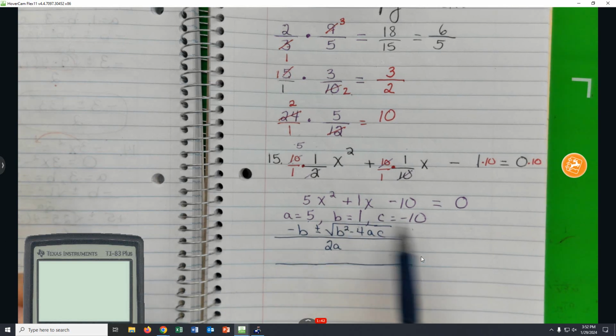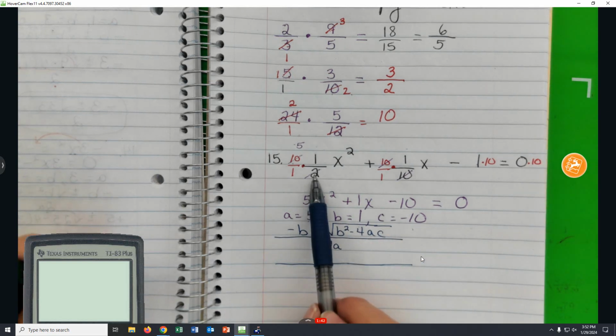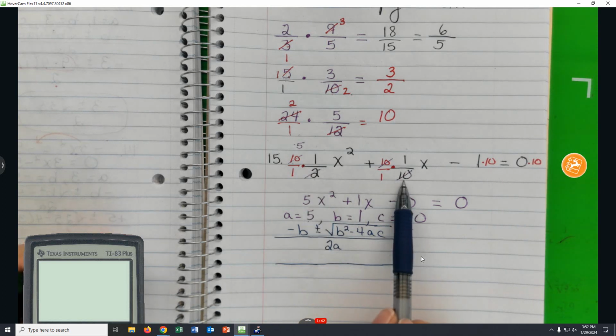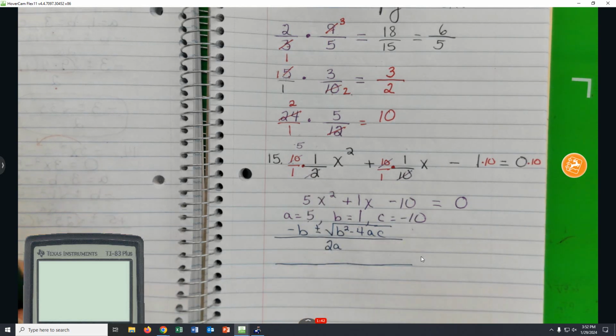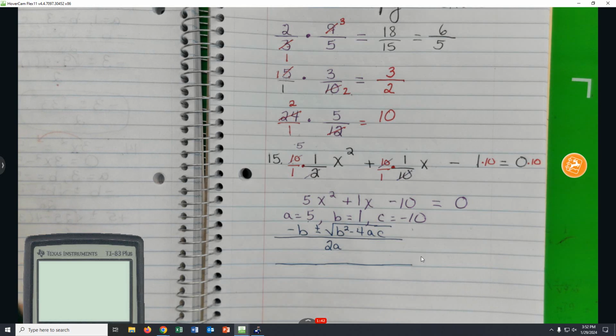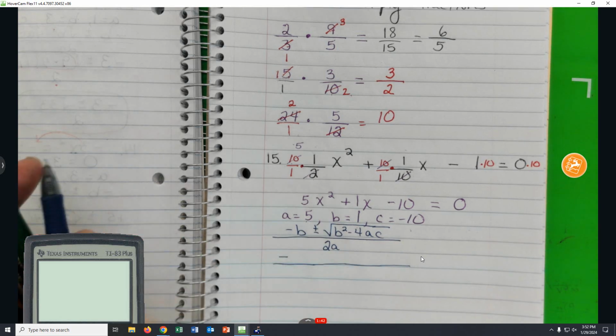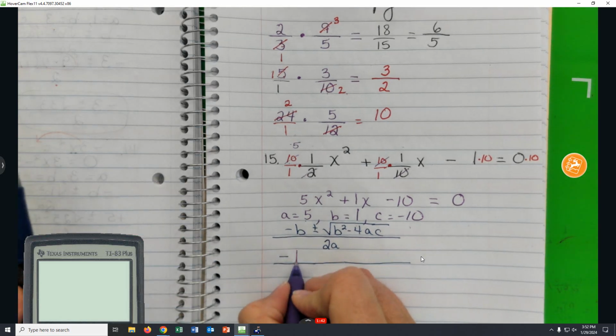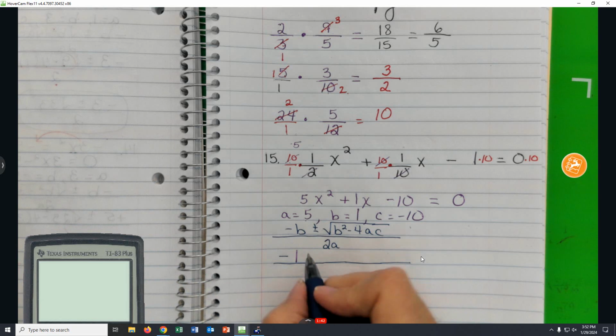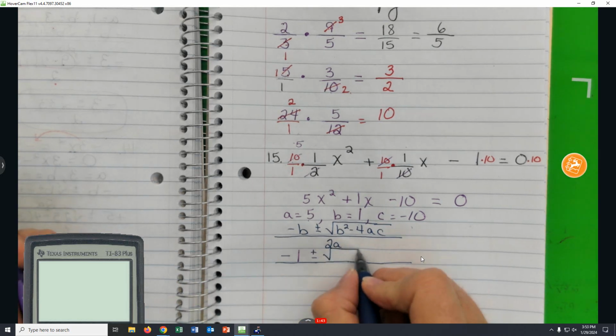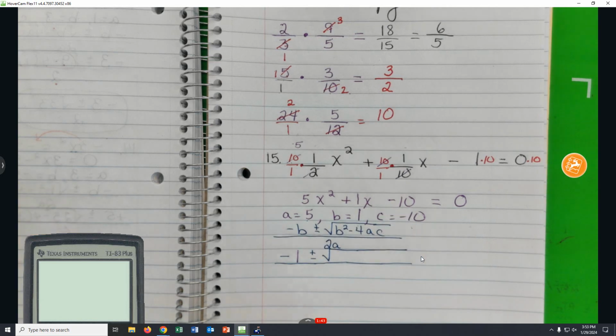I think that's going to be easier to plug in than a equals 1/2, b equals 1 over 10, c equals negative 1. So let's see, minus b, is that just going to be a negative 1 plus minus the square root b squared?